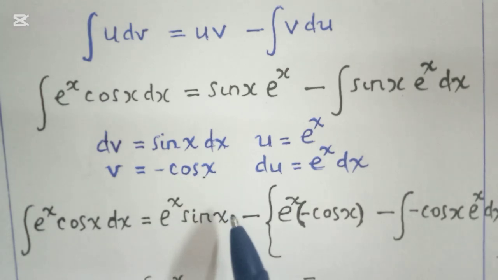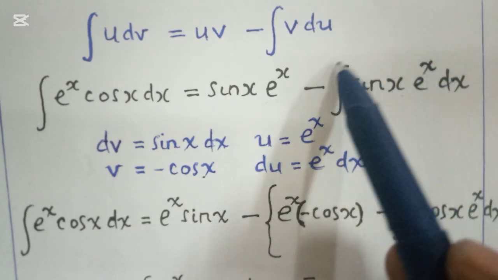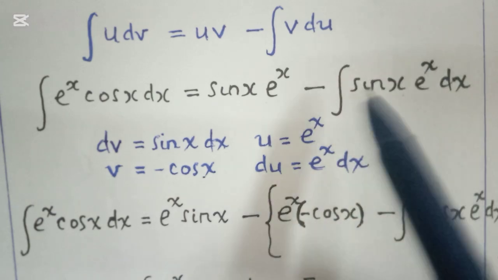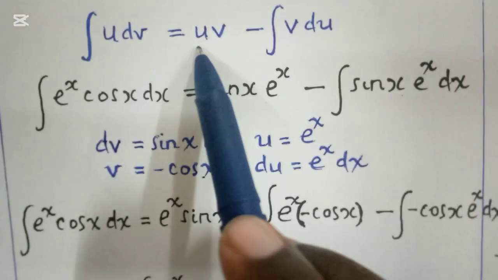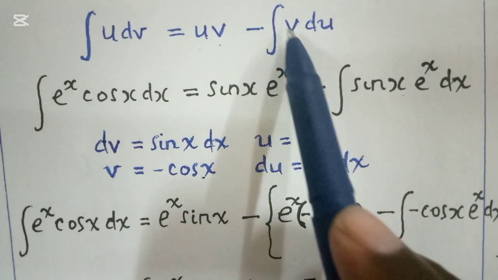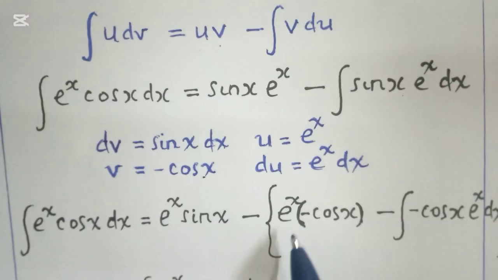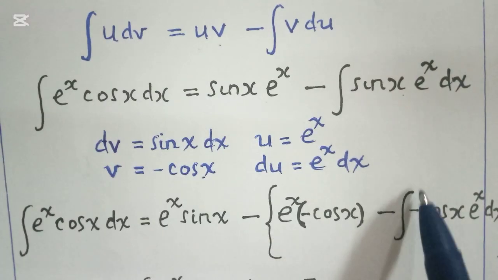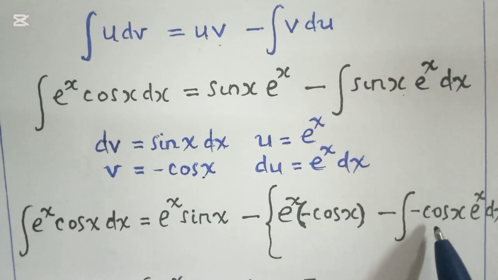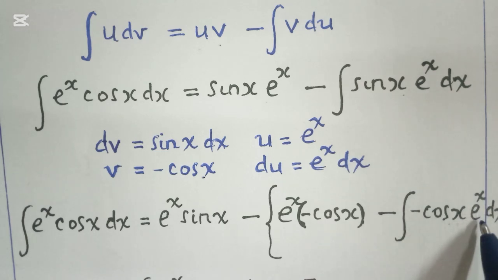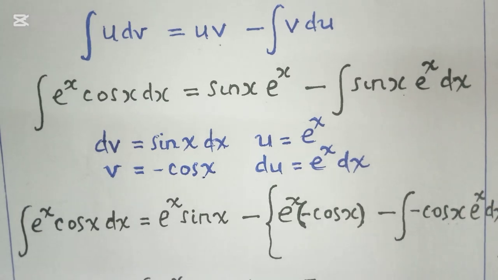So we are not repeating again. We are just going direct to uv minus the integral of v du. This is the uv minus the integral of v, which is minus cos x, and then the u is e raised to x dx, like that, guys.